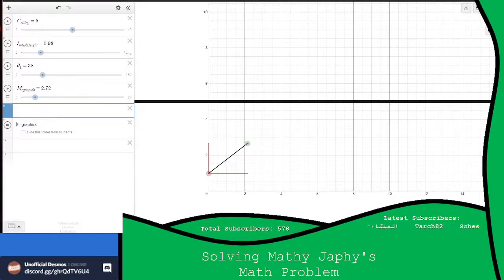So we know that the final velocity squared is equal to the initial velocity squared plus 2 times the acceleration times delta x. So now that we've separated into two components, I know exactly what to do. I think, possibly.